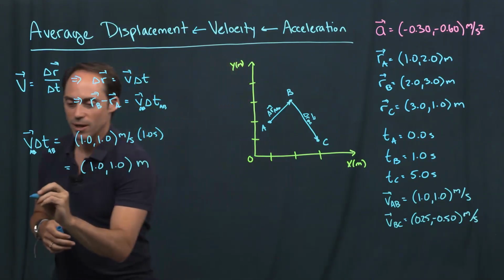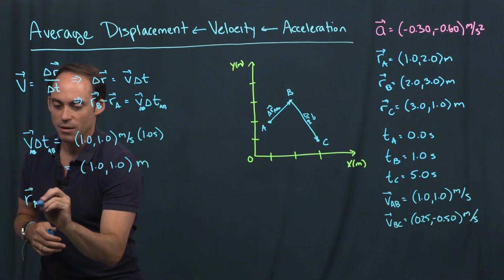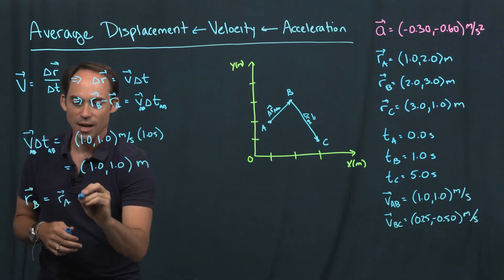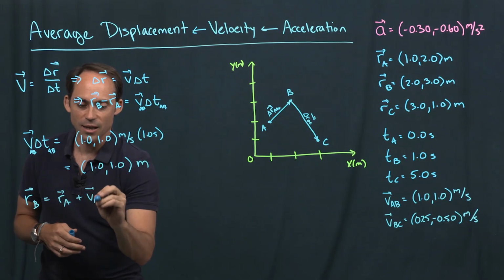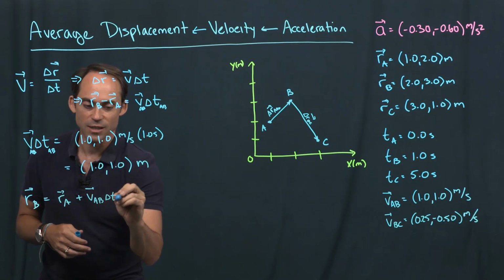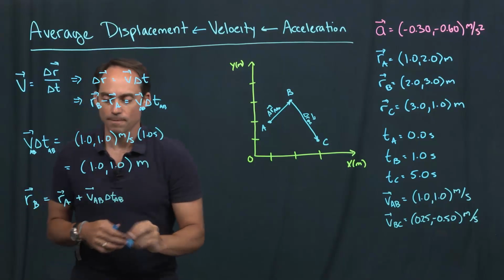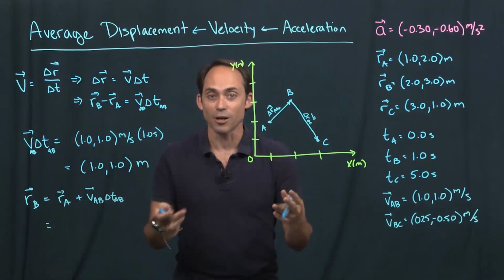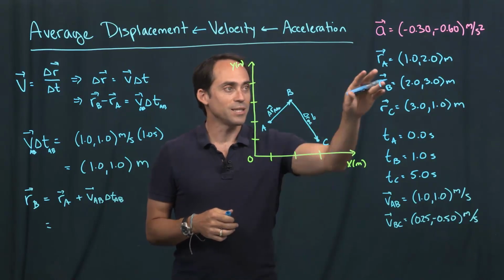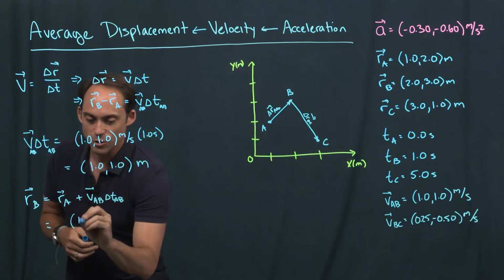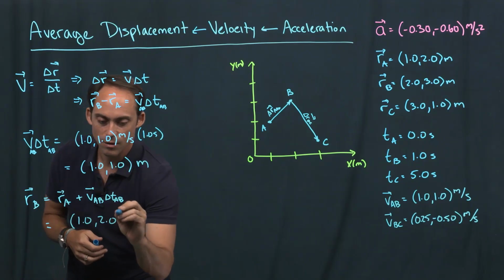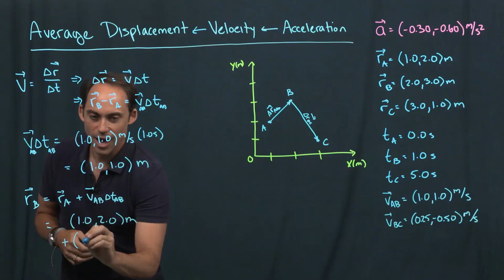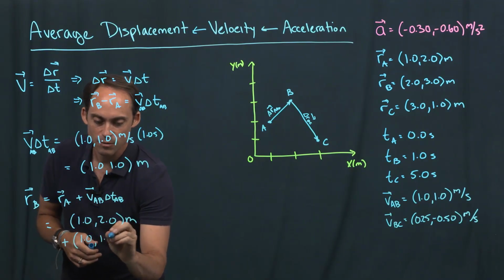And finally, if we want to then calculate the position at B, we have to know the original position at A, and then we can add in this velocity time step. All right? So assuming that we're given our starting position at A, that's equal to 1 and 2 meters on our coordinate system, and we're adding in our extra displacement from the motion.